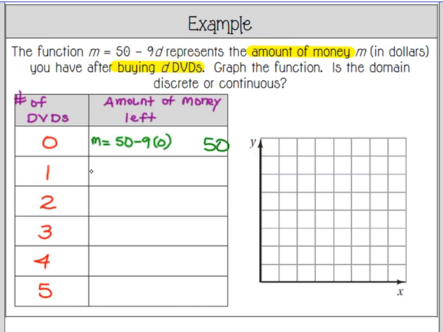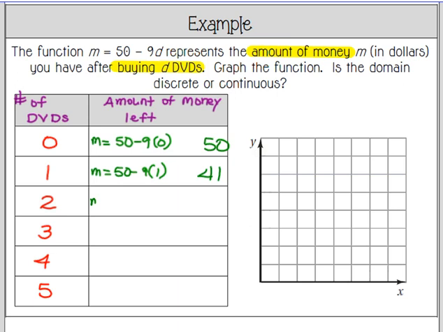We'll plug in those values to fill in our table. So M equals 50 minus 9, and if we bought 1 DVD, we'll find the cost. 9 times 1 is 9, 50 minus 9 would give us a value of $41. So we would have $41 left if we bought 1 DVD.